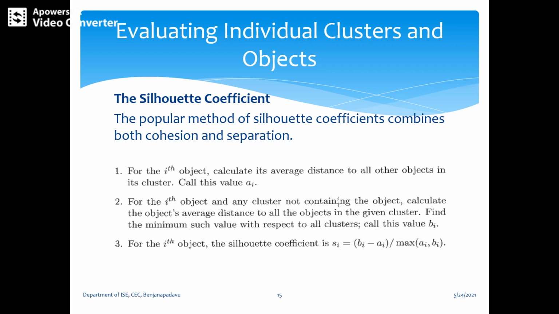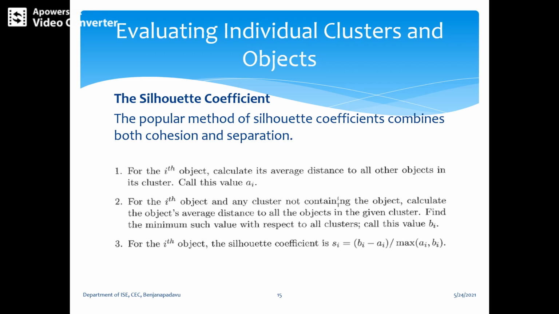In this case, we are going to mainly discuss the silhouette coefficient. It is one of the popular methods, and the silhouette coefficient combines both cohesion and separation. Just three points are enough to discuss.